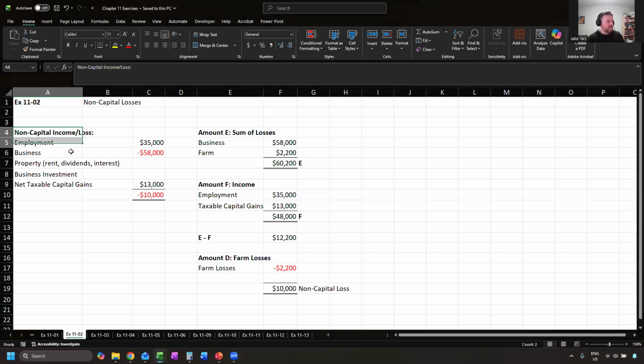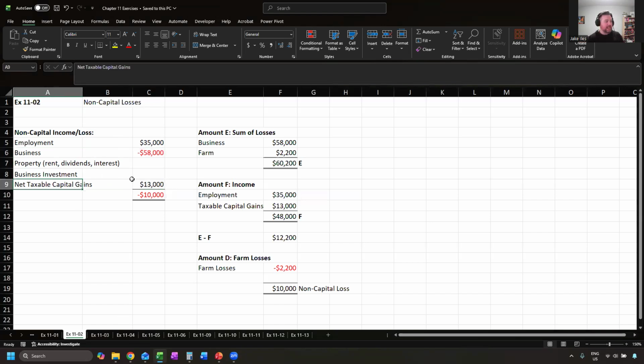So I have this brief summary here just to show the numbers we're applying. Our employment is 35,000. Our net taxable capital gains is 13,000, and our business has a loss of $58,000. So because this is a quick calculation of our non-capital loss, since farm losses are separate, I didn't include it in this calculation.